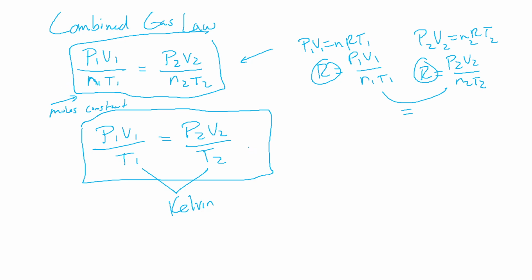Now, when we look at gas laws and we need to rearrange these equations, let's just take V1 over T1 equals V2 over T2. Whenever you move something across the equal sign, it always ends up in the opposite location.